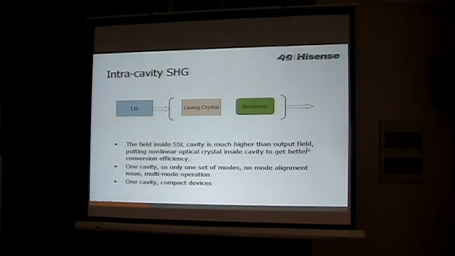The optical field of the fundamental mode will be much higher than the field outside the cavity. And also because we only have one cavity, we only have one set of modes. We do not have a mode alignment problem. Another benefit is that since we have only one cavity, the device will be made very compact. We'll get very small devices.